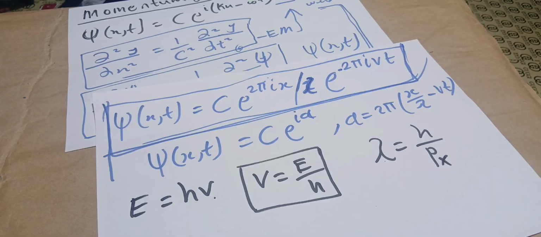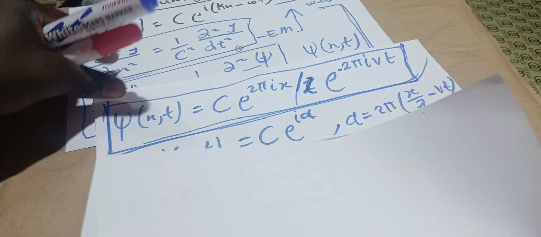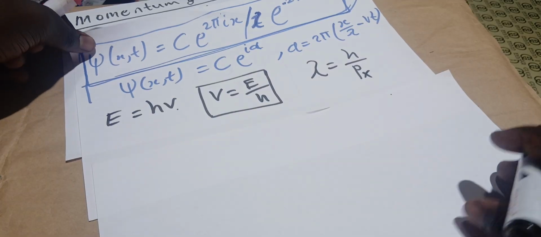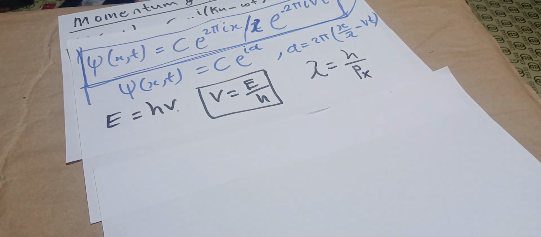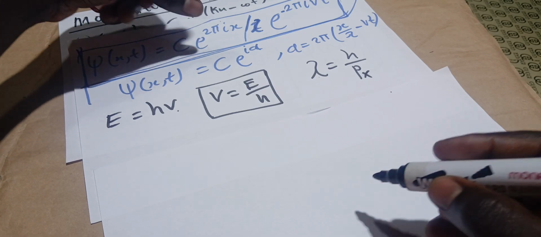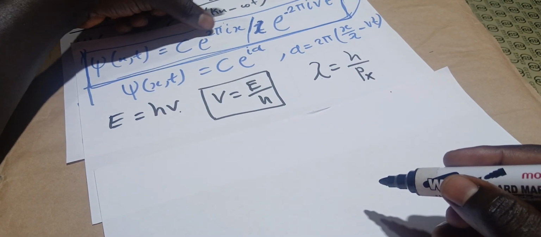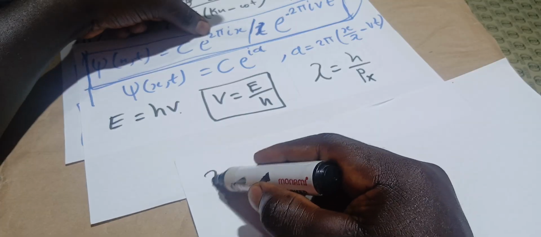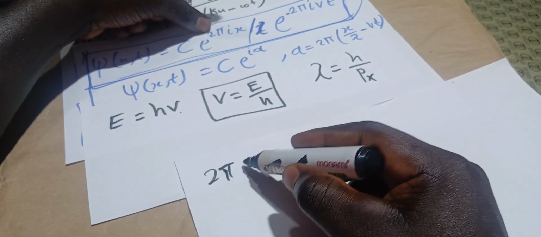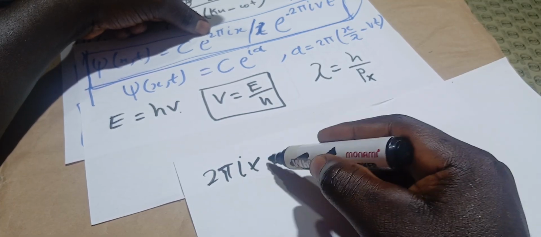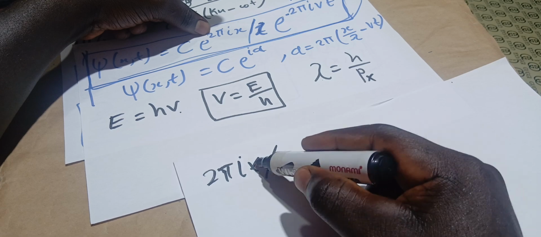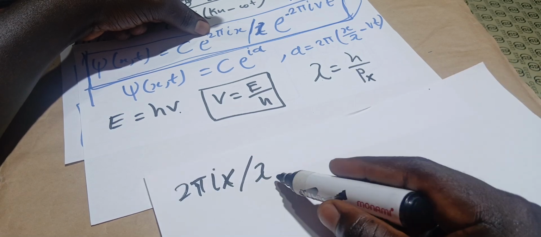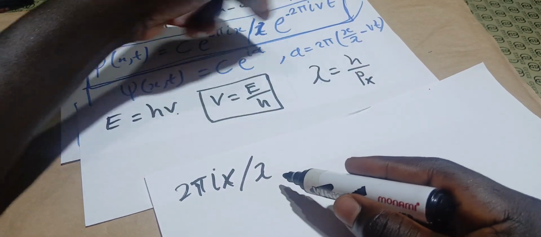Now let's try to work it out somewhere and then substitute it in there. So this whole term, the exponent, is 2 pi i x all over lambda. And we want to replace lambda by h over px.